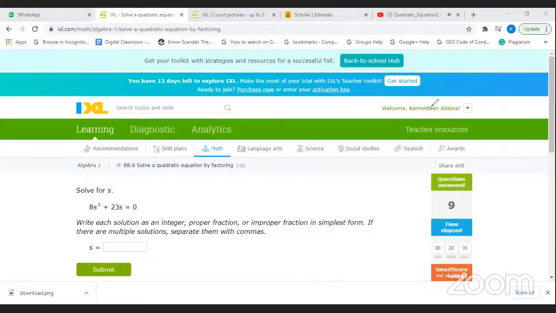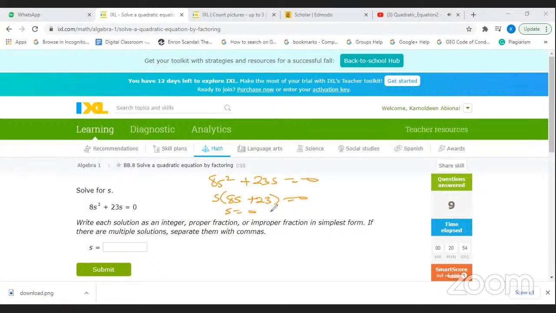So here 8x squared plus 23x equals to 0. You can see that 8 is not common. So it's only x that is common. x(8x plus 23) equals to 0.